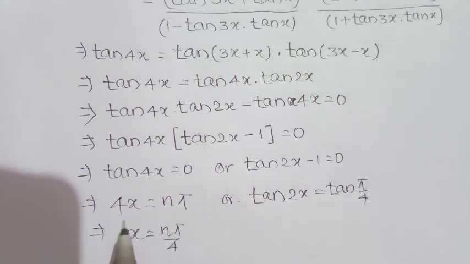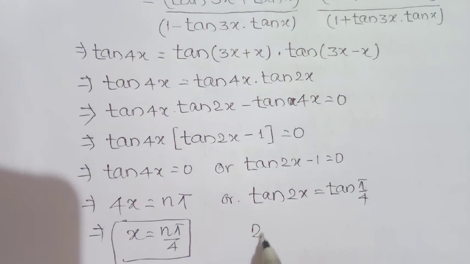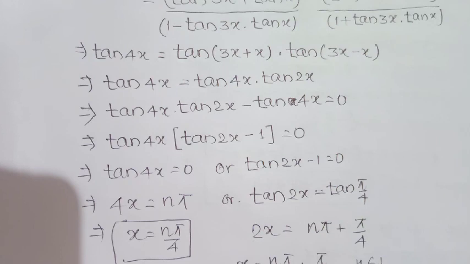This is your first solution. And here 2x is equal to n pi plus pi by 4, and x is equal to n pi by 2 plus pi by 8 for all n belonging to I. So in this way we solve the problem.